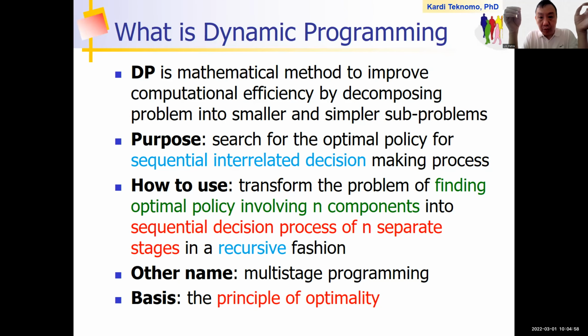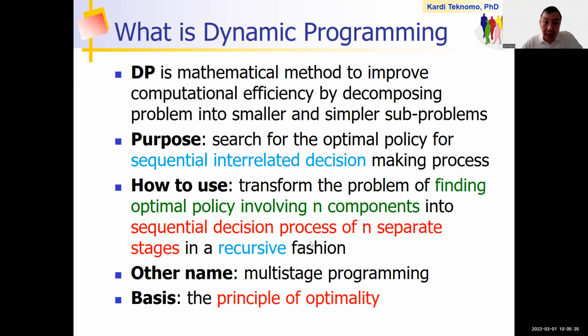So how to use it? You need to transform your problem at hand into a sequential decision process. So how will you get optimization? You find the optimal policy involving, say, n components, and then those n components you will separate into n stages, and this sequential decision process you will put in recursive fashion.